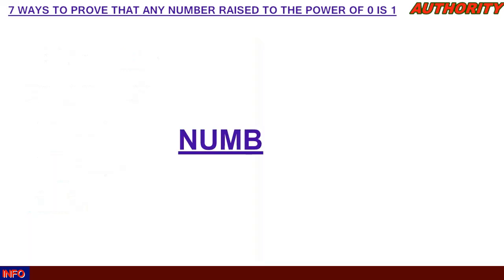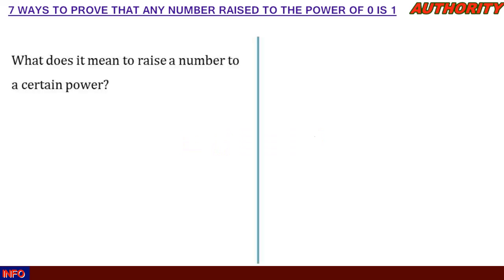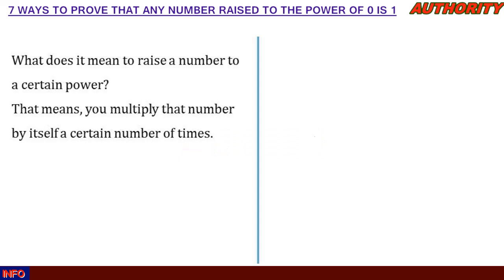Number 4. The fourth way to show that any number raised to power 0 is equal to 1. Now let's ask a question. What does it mean to raise a number to a certain power? That means that you multiply that number by itself a certain number of times.